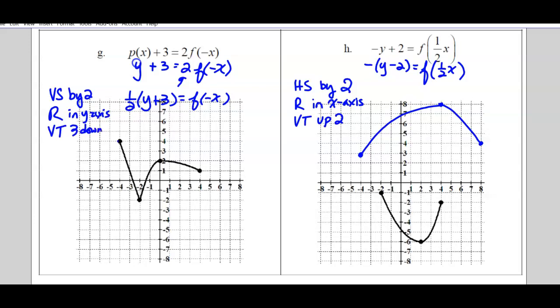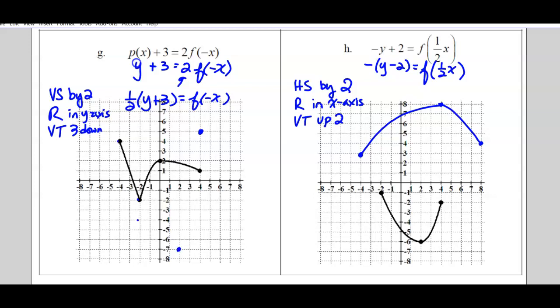Okay, so first point, vertical stretch by 2, that will become 8. Reflected in the y-axis, so -4 becomes +4, and then 3 down. Next point, y value is -2, stretched by 2 is -4. Reflected in the y-axis is +2, and then 3 down from there.